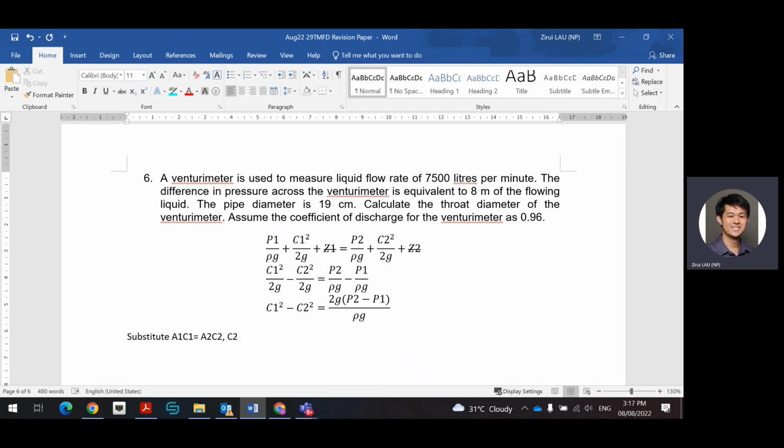C2 is equal to A1 over A2 times your C1. So I'm going to replace with this.